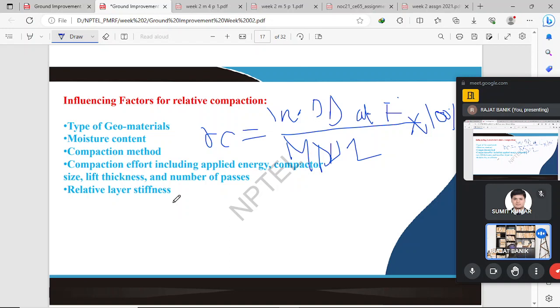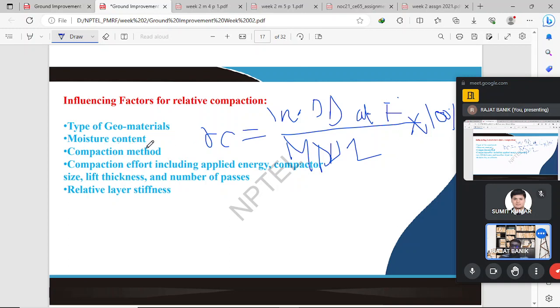When the moisture content is lower than the optimum moisture content, the dry density is less than the maximum dry density, and when the moisture content is greater than the optimum moisture content, the density is also less than the maximum dry density. So it also depends upon the moisture content of the soil.